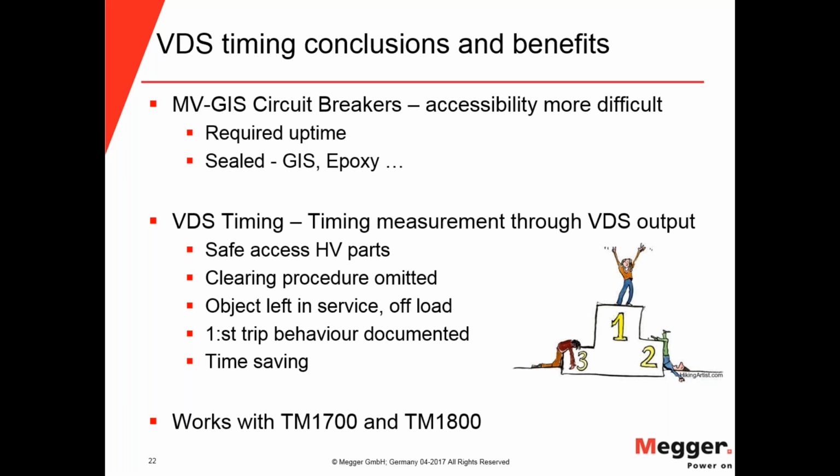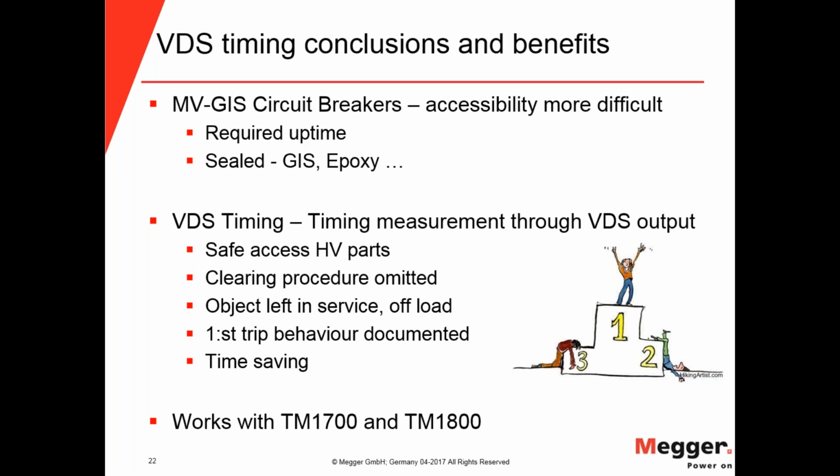The challenges are that the medium voltage GIS circuit breakers, their accessibility is difficult, and it's a high demand on uptime. It's hard to get permission to take out a whole station for maintenance, which is needed if you would test the conventional way.